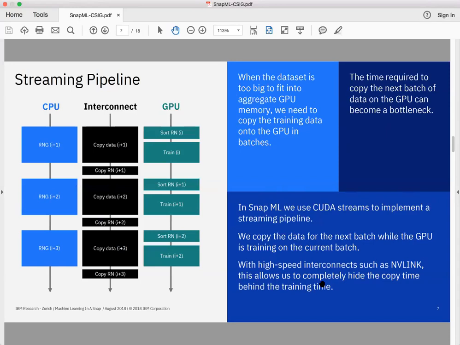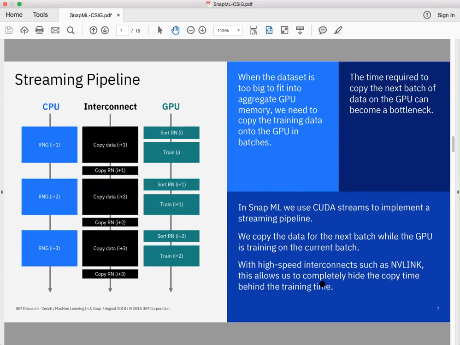We can use more than one GPU. So if we have a big data set, one option is that we just throw more and more servers into the cluster until we have enough GPU memory to fit that data entirely in the GPU memory. But this is not always an option.